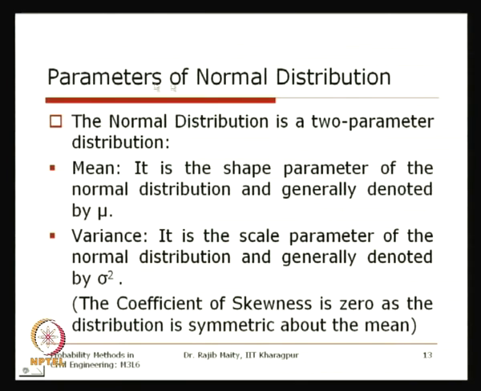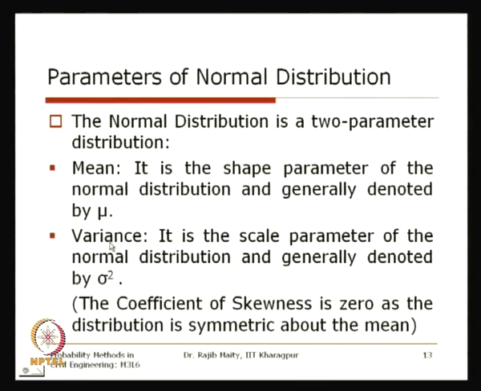Now, as we discussed, the normal distribution is a 2-parameter distribution. The first parameter is the mean. It is the location parameter of the normal distribution, and it is generally denoted by mu.